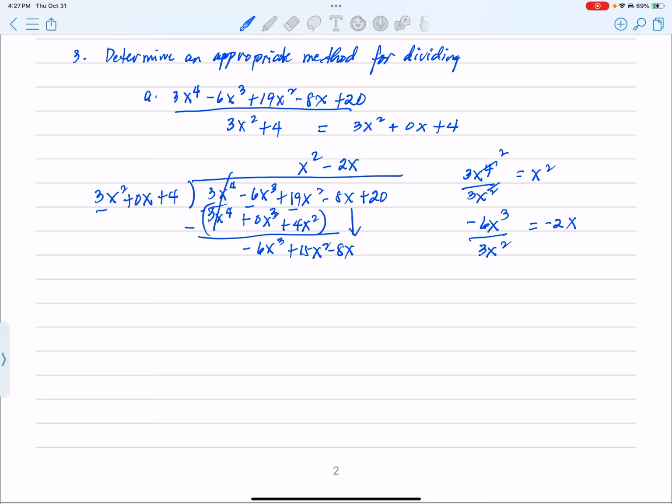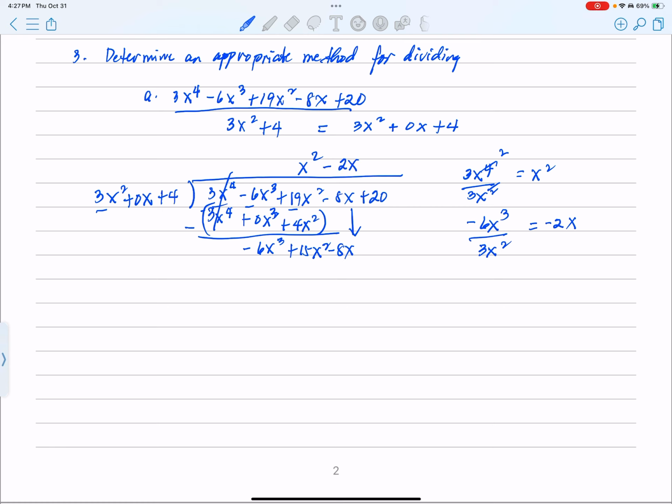Okay, let's do this. Let's have another example. Say this is number 4: negative x to the fourth plus 16x squared plus 2x divided by x minus 4.